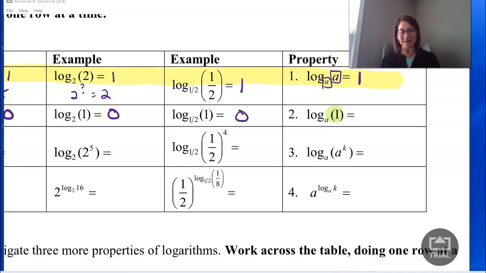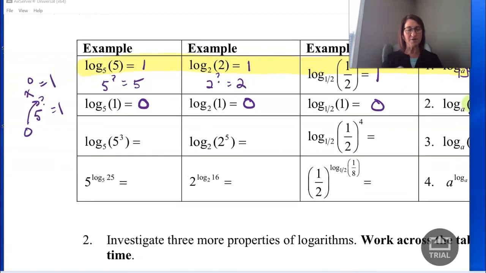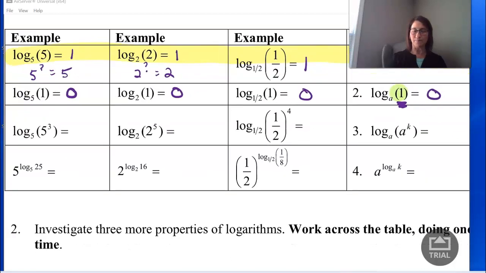As a matter of fact, anytime your argument is equal to 1, then your whole logarithm is going to evaluate to 0. Let's go to our next row.